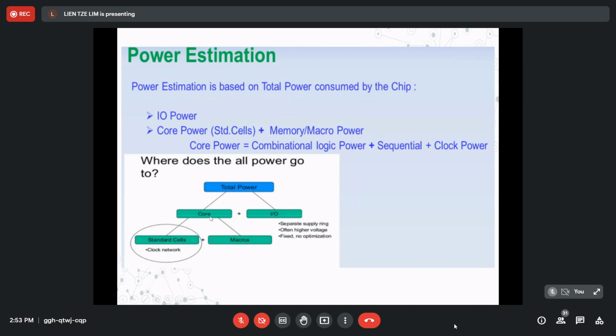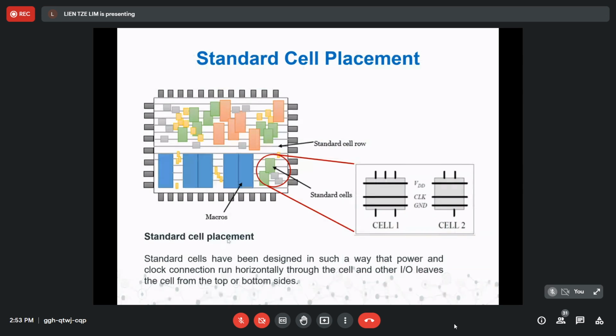And in the core there are standard cells and macros. These two consume the power.